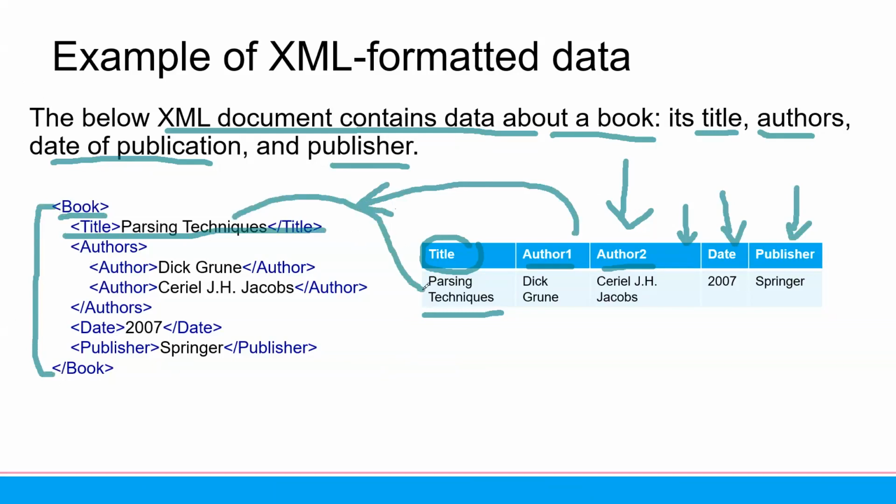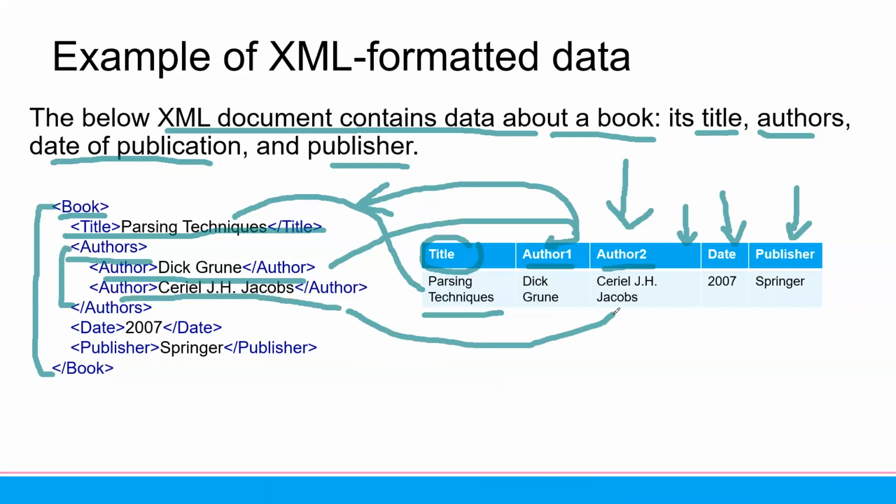The title is Parsing Techniques. And we have a collection of authors. Who are the authors? The first author is Dick Grune, and the second author is Ceriel J.H. Jacobs. So it is the same as this one. The publication date is 2007, and the publisher is Springer.